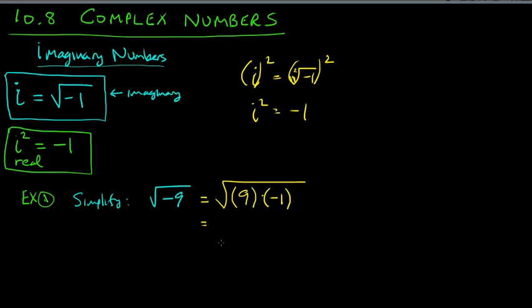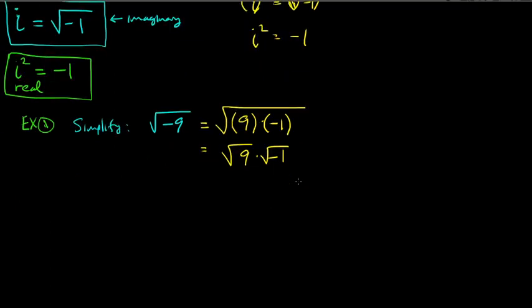No problem there. Now, you are allowed to split up the two square roots. You can think of this as the square root of 9 times the square root of -1. However, you have to be careful, because when you're dealing with imaginary numbers, this rule might not work. But it happens to work very nicely here, because the square root of 9 is just 3, and the square root of -1, we know what that is.